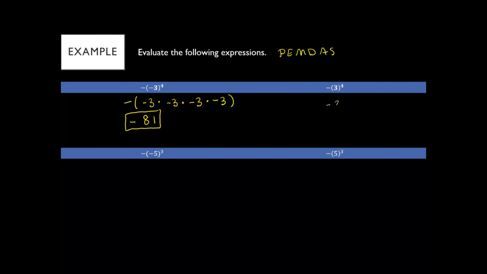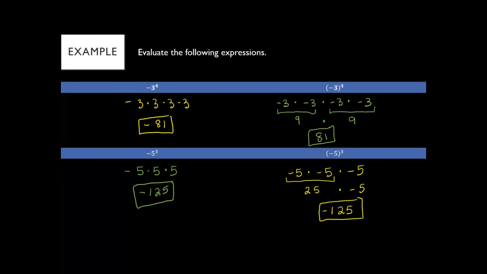This is actually the same thing as if you had it without the parentheses. That negative is still not included because it's not in parentheses with the 4th exponent. So 3 to the 4th is 81. This is also going to give us a -81 here. And we saw this on the previous slide, the first example here. It's just another way of writing it.